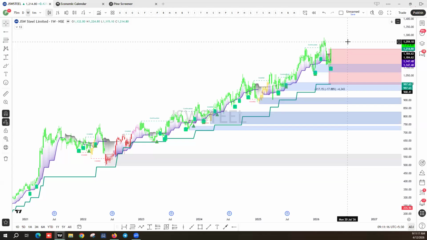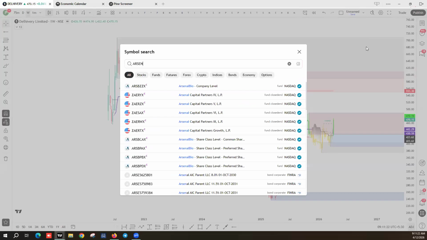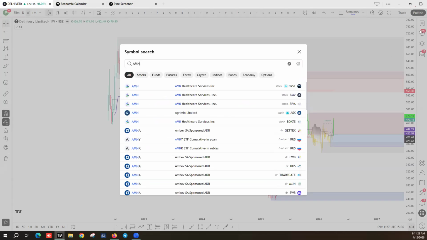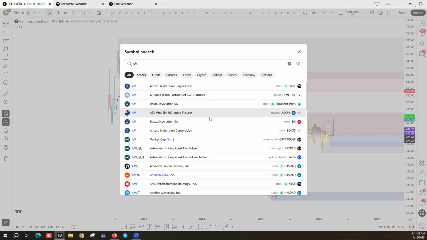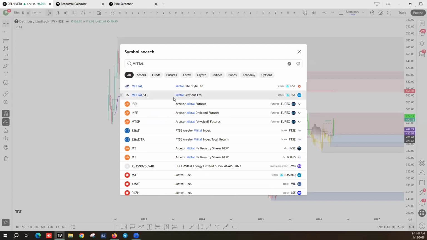Sir, also just look at the ArcelorMittal chart. What is the spelling? AMNS, ArcelorMittal Nippon Steel. It's not coming. ArcelorMittal.